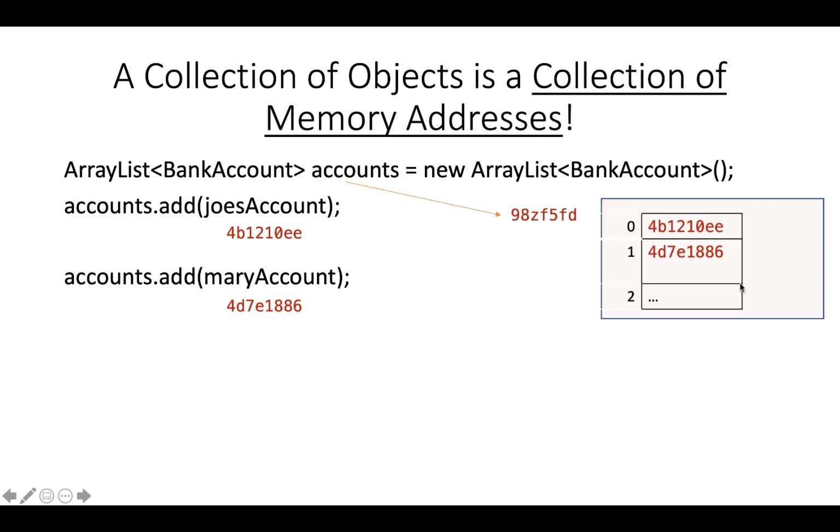So this is what this looks like in memory. Accounts is a reference type itself, so accounts points somewhere in memory where I have an array list that stores each individual bank account address. The first one that's ever added is going to be at index 0. The next one is going to be at index 1, and so on. This can grow and shrink as needed.